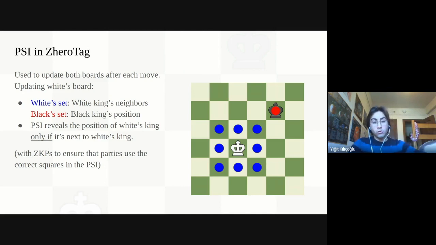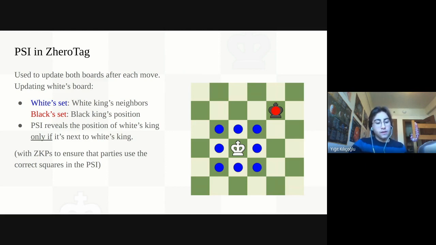White just made a move, and for our first set, we need to have the White King's neighbors. And for the second one, we have the Black King's position. And the first PSI reveals the position of the Black piece to the White King only if it is in the neighborhood of the White King.